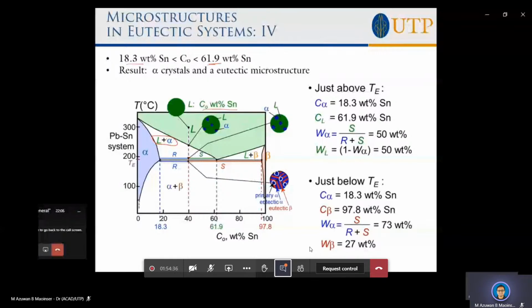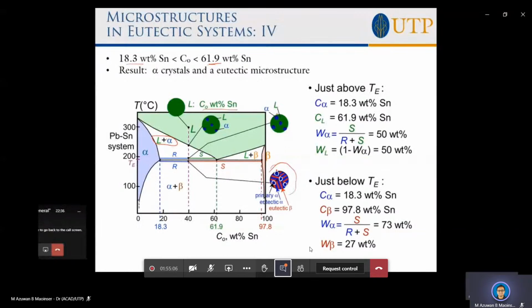So that's why you have some liquid left before you cross the TE. Therefore, once you cross the TE, the alpha already formed before TE is still remaining. Okay, these are still remaining. But the green region, the liquid, is what will change into eutectic. So that's why you have this kind of microstructure whereby you maintain the alpha that has formed before the eutectic temperature.